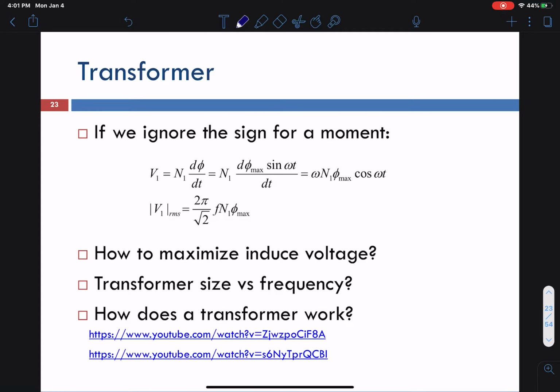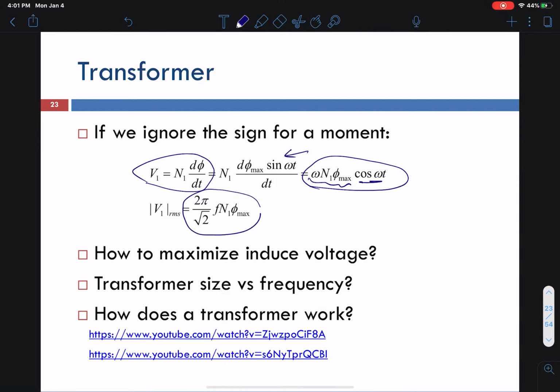So if we ignore the sign for a second, this is your voltage induction over here, and if this is your phi max sinusoidal flux, then your voltage induction will be right here. So this is the magnitude right here, and this is the time component. For that magnitude, if you want to find the V RMS, you can divide it by the square root of 2.